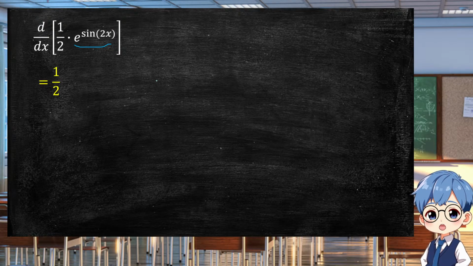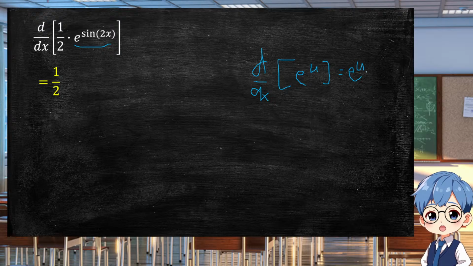So the derivative of e to the u is just e to the u, times du over dx, of course. The derivative of the exponent.